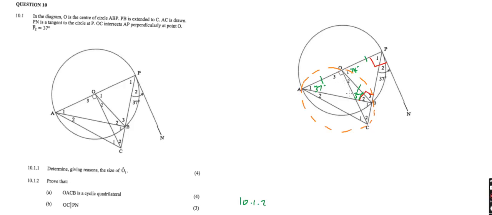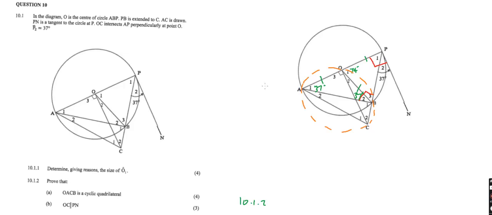If I want to use exterior angle, then I must use B3 against A1 and A2. Just try to follow along. I'm not yet solving. Or I can use O1, because O1 does seem to be an exterior angle, against C1 and C2. That is if I want to use exterior angles.